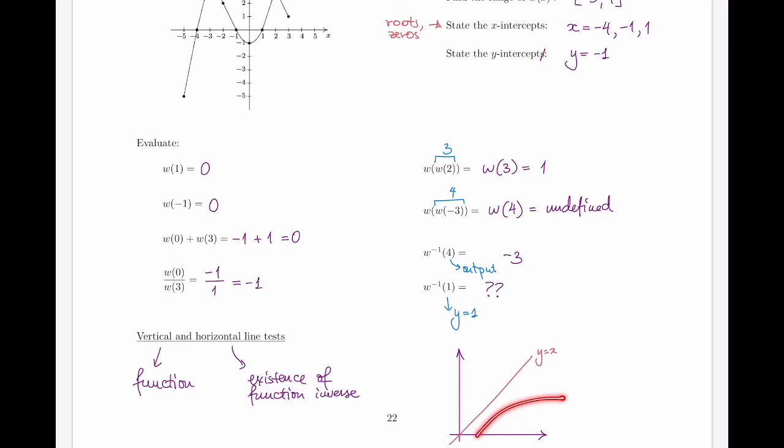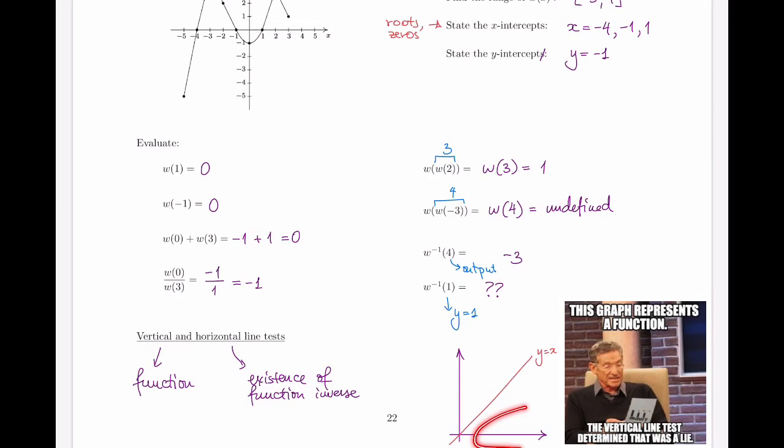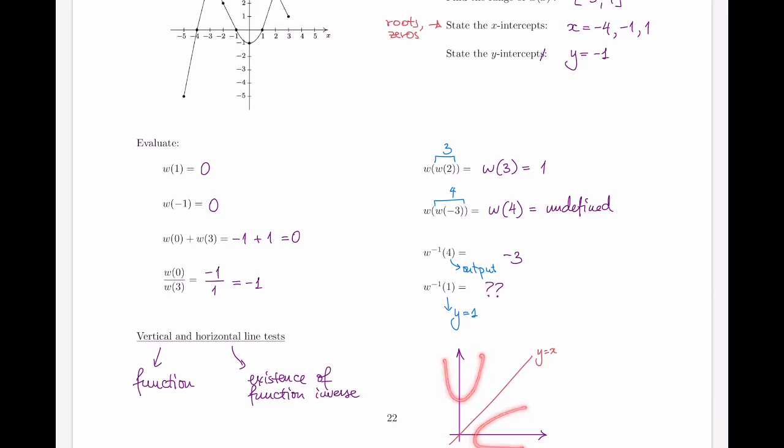A vertical line becomes a horizontal line when flipped in y equals x. So if what you had originally was not a function, what you will have after a flip is something that does not have an inverse. Okay? So if you are to have both a function and one that has an inverse, it means that the graph of that function has to pass both vertical and horizontal line tests.